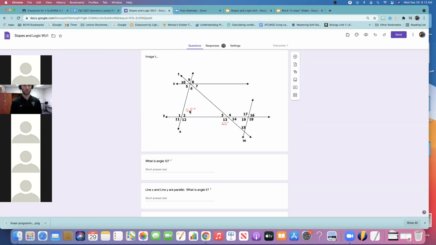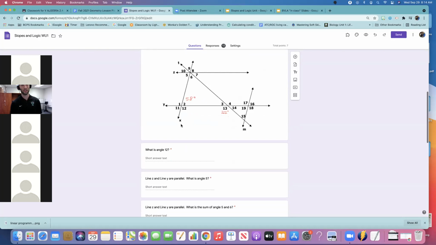So angle 12, so this is 58 right here. You should be able to see that since angle 2 is 58, angle 2 and 12 are supplementary. And so because they're supplementary, 58 plus angle 12 has to add to 180. And so it'd be 180 minus 58. And then if line Z and Y are parallel, what is angle 5?